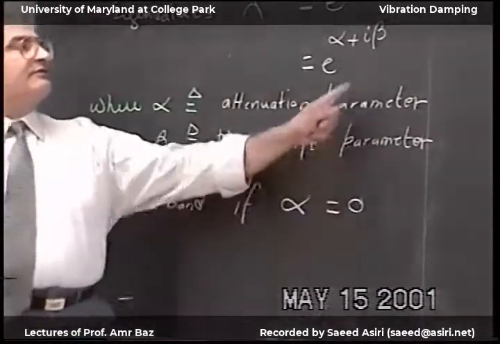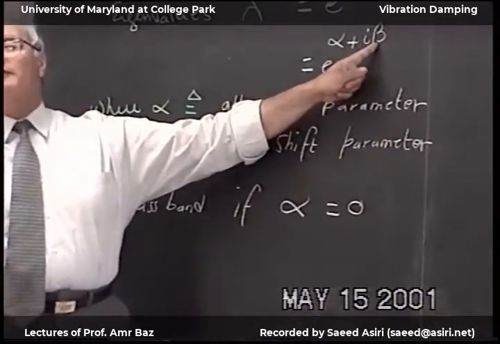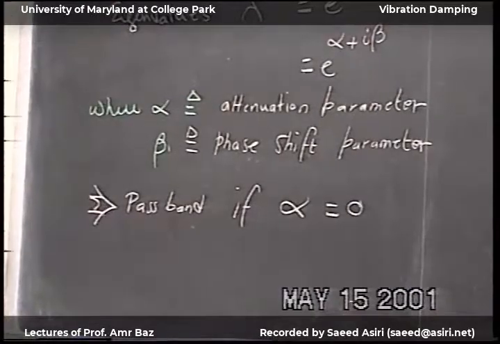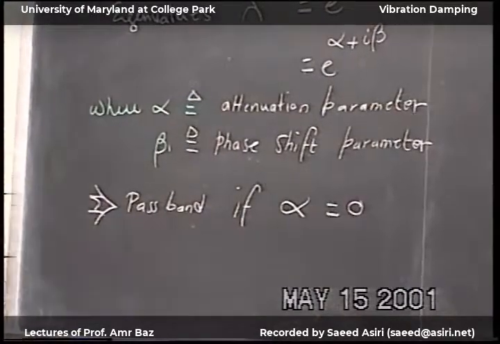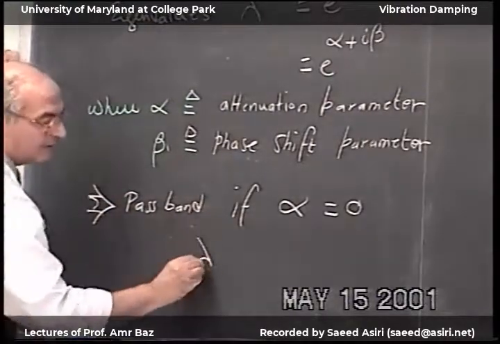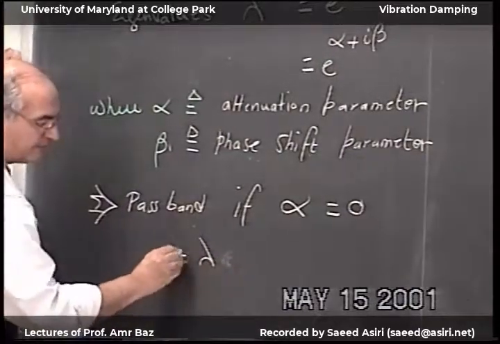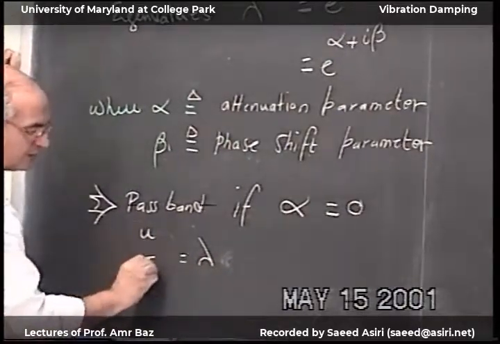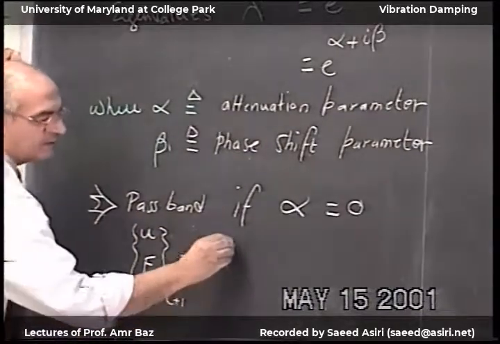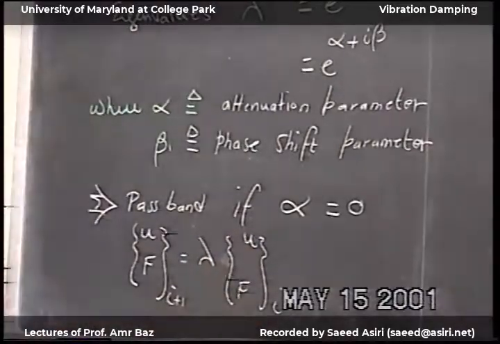If this is 0, then we have exponential e to the I beta. The absolute value of this is 1. So the entire state vector will be transmitted from one location to the other. So this, again, because lambda is equal to u and f at any section is equal to u and f at the previous section.